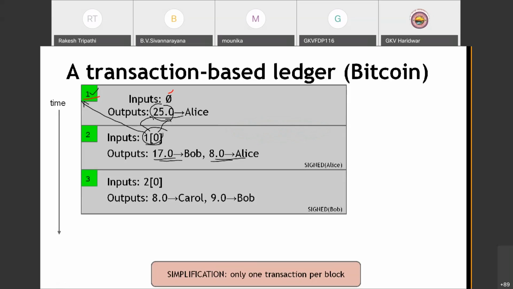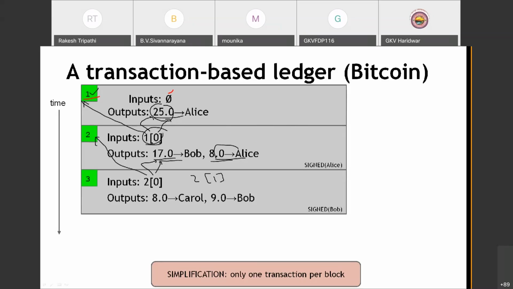Likewise, in transaction number 3, the input has to make a reference to previous transaction 2, 0. So this is transaction number 2 and index 0. If I have to spend the other output, then it should be index 1. So in every transaction, in the input I have to specify the previous transaction reference where I am the beneficiary.